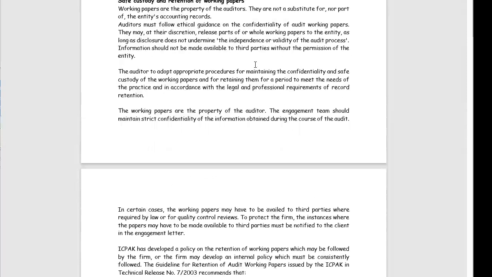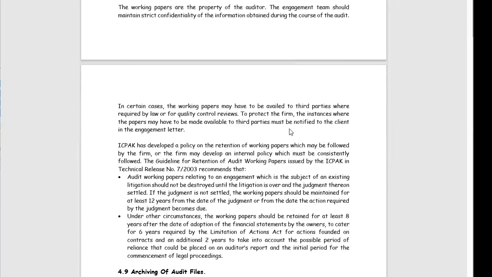The auditor should adopt appropriate procedures for maintaining the confidentiality and safe custody of the working papers and for retaining them for a period to meet the needs of the practice and in accordance with the legal and professional requirements of record retention. The working papers are the property of the auditor. The engagement team should maintain strict confidentiality of the information obtained during the course of the audit.